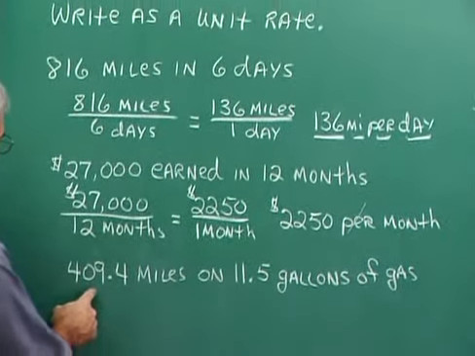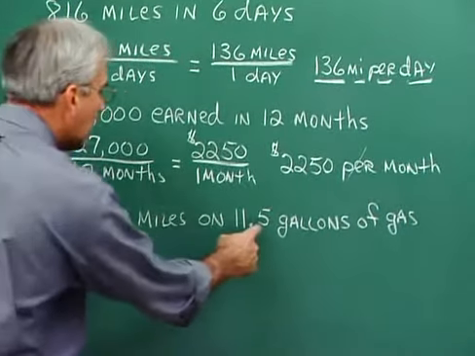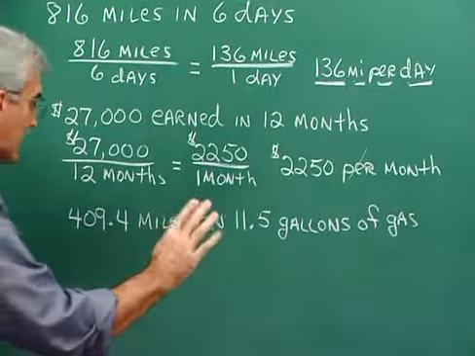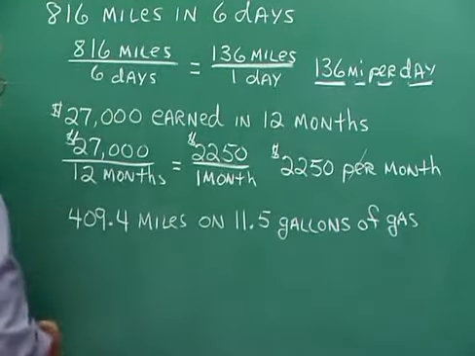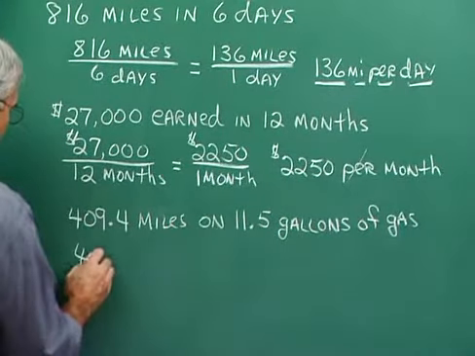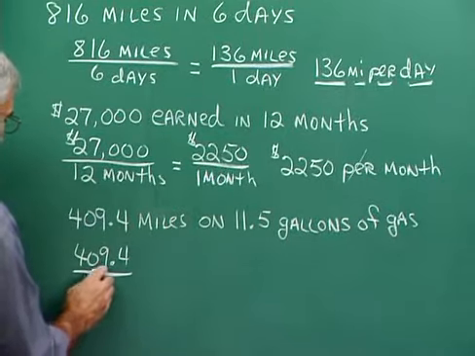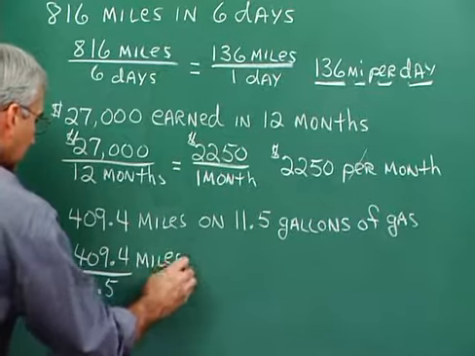For 409.4 miles on 11.5 gallons of gas, we want a unit rate, and that would be in terms of miles per gallon, you see. So we have 409.4 divided by 11.5. This is miles.